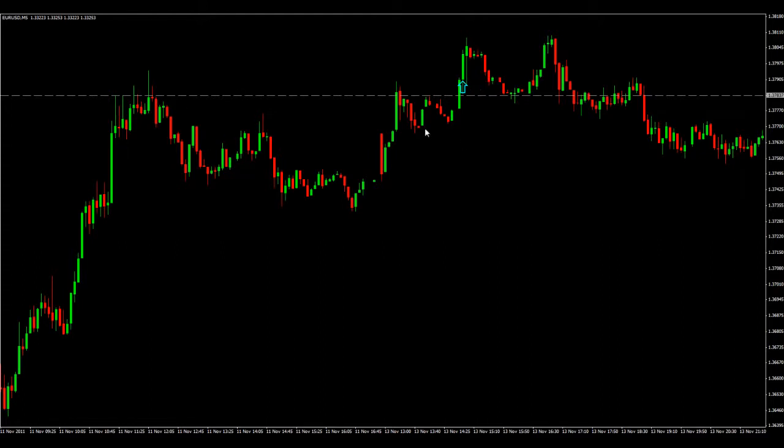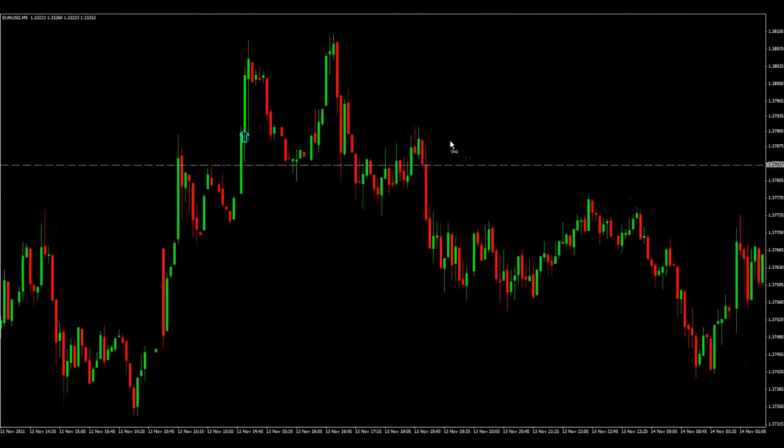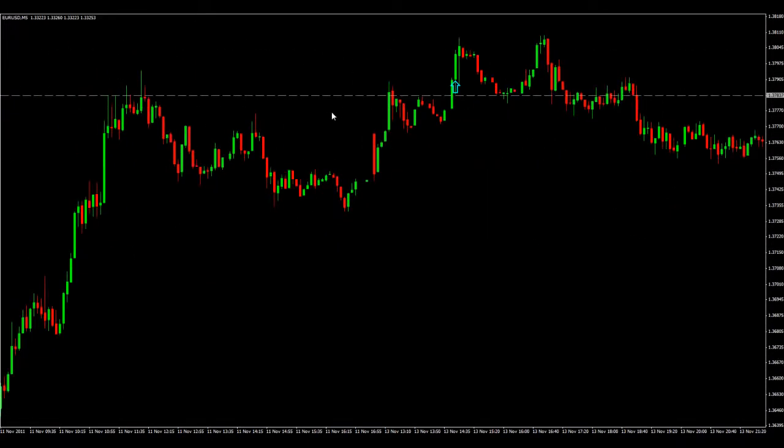So I'm not going to go through every single one of these, but I think you're getting the gist of it, that with these support levels and how price reacts to those, you can definitely make some really, really good trades. And although you're going to have to wait for some of the right setups, it's better to wait for these setups than to just be trading all over the place and not making any money or going 50-50.